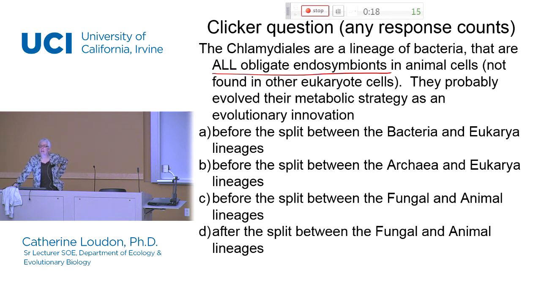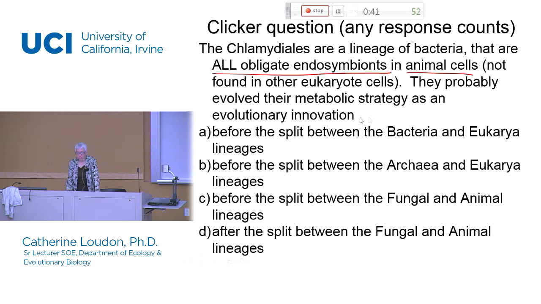What does that mean? Obligate means they're obliged to. They have to. This is the only place they live. They live inside animal cells. They do not live in any other kind of eukaryotic cells, just animal cells, specialized. When do you think they evolved their metabolic strategy?